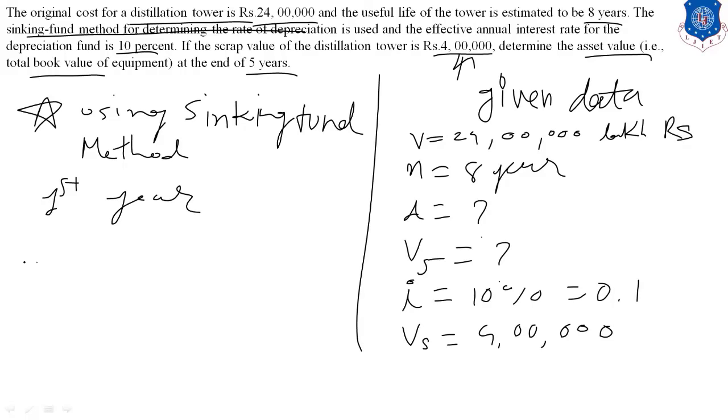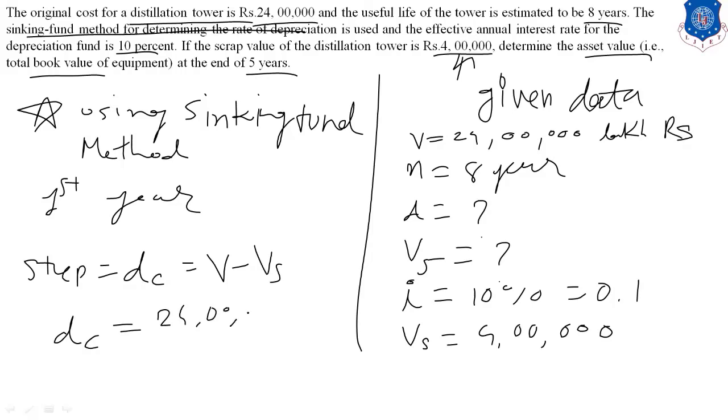Step 1 is the depreciable cost, equal to V minus Vs. Depreciable cost DC is 24 lakhs minus scrap value, which is 4 lakh rupees. By calculating, we get the depreciable cost, which is 20 lakh rupees.